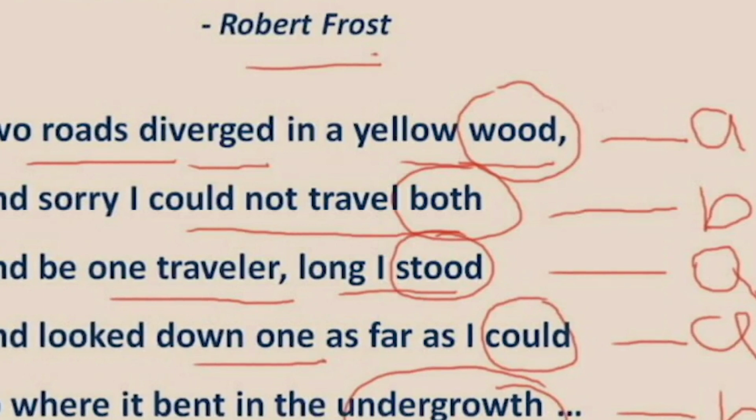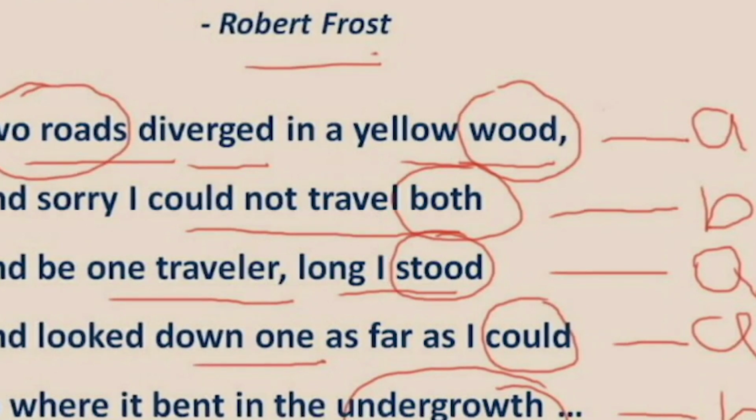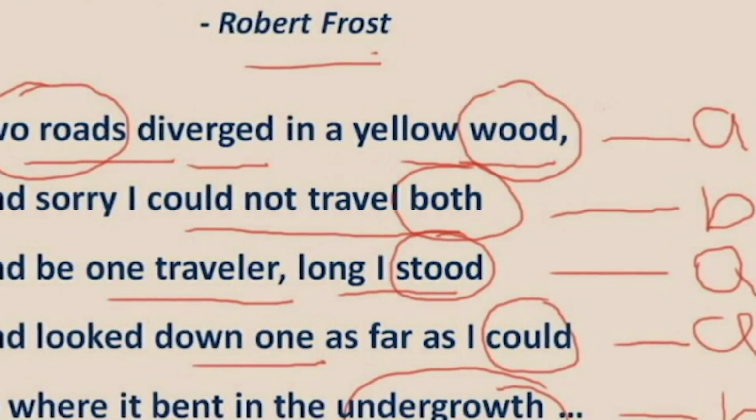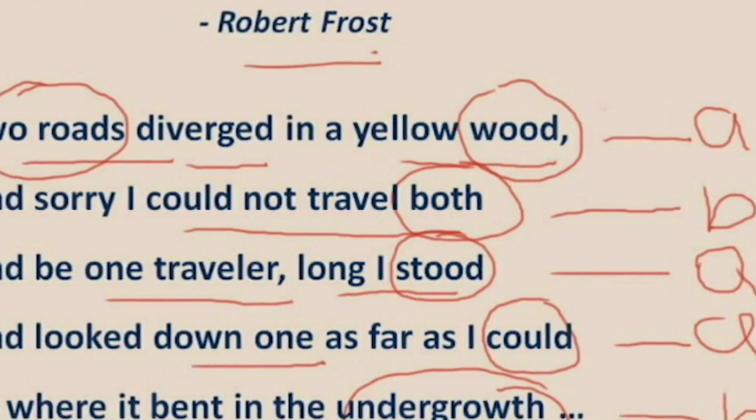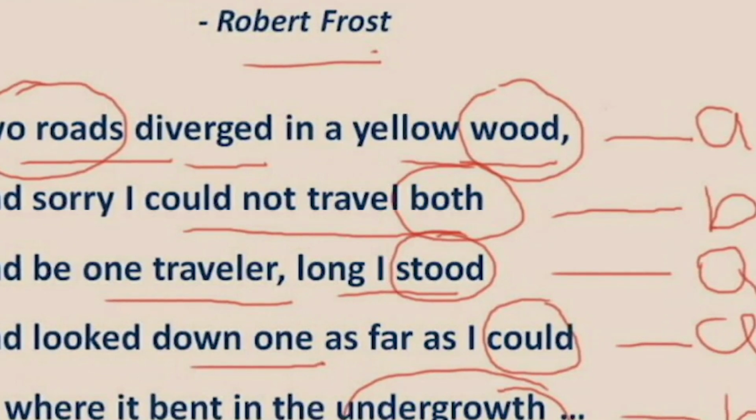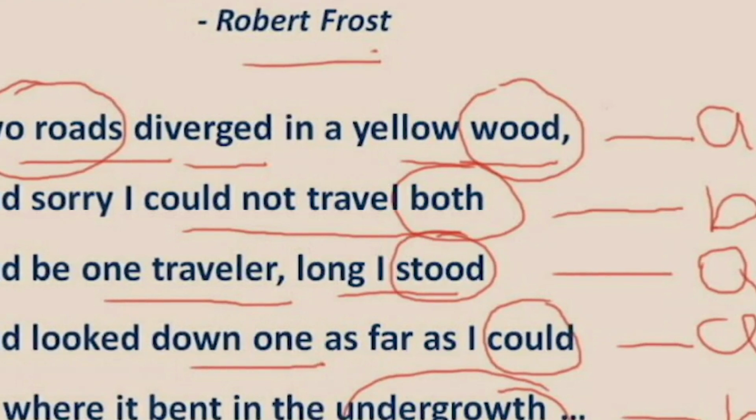The choices are symbolized by these two roads. We get different choices in our life, so we have to choose one. This is the symbolism used here. Two roads actually symbolize the different choices that come in our life. Now this is the first stanza. Let us move on to the next stanza.